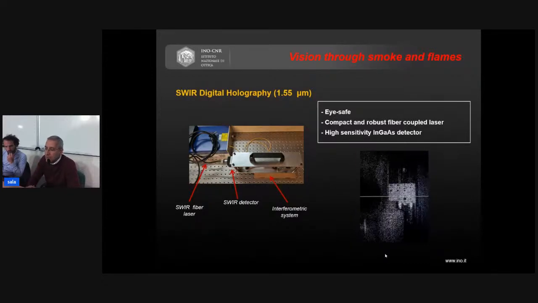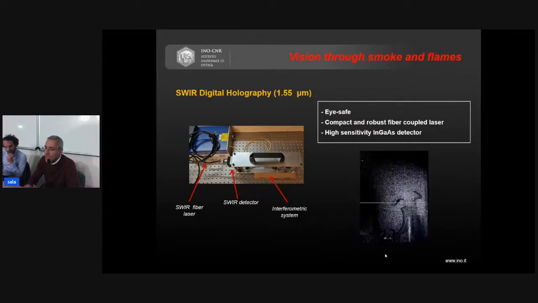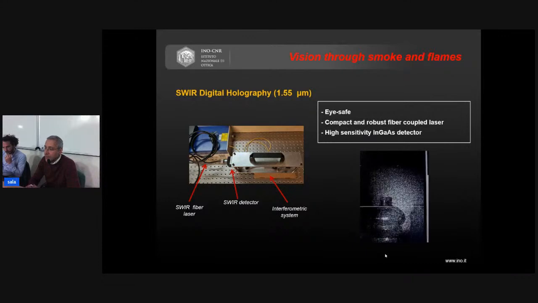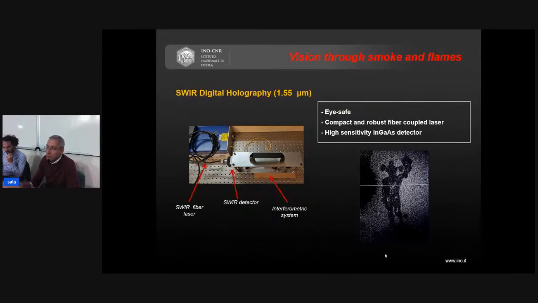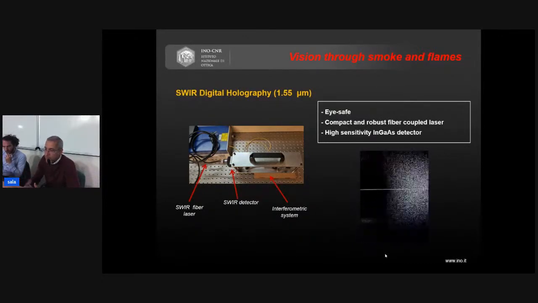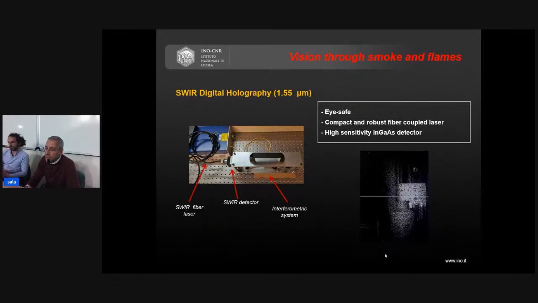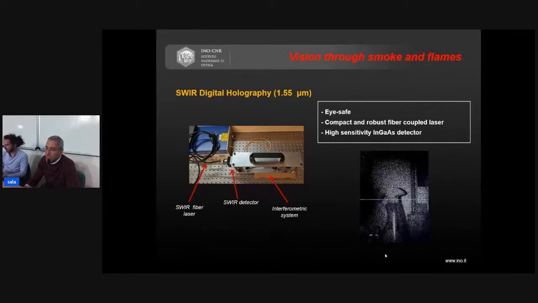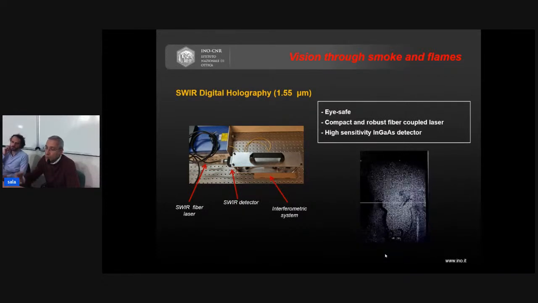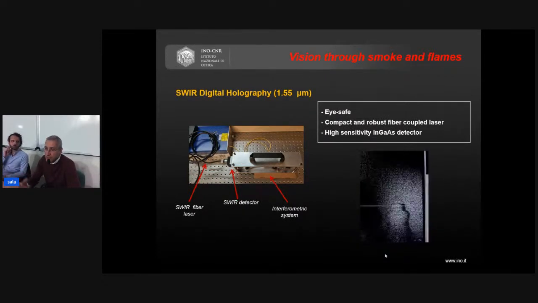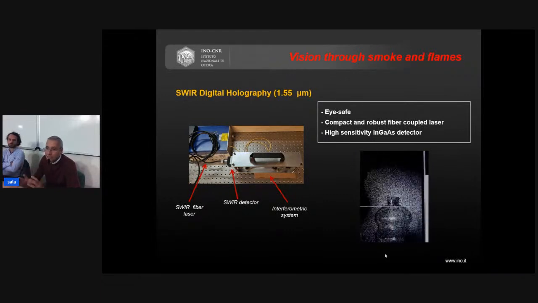Just the last advantage is the high sensitivity of the InGaAs detectors. This is a crucial parameter, because you can use lower laser power, and furthermore you can reduce the exposure time down to a few tens of microseconds in order to freeze the fringes.